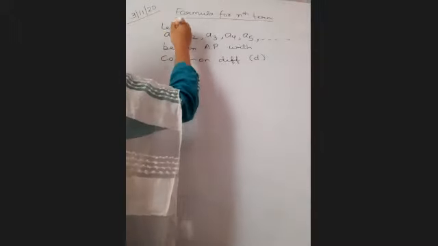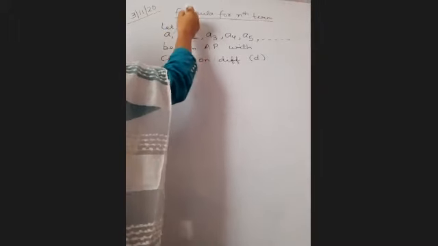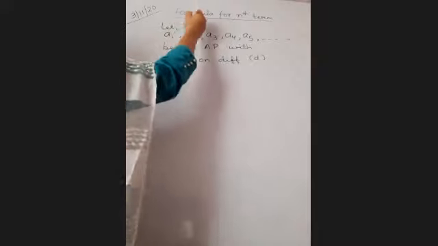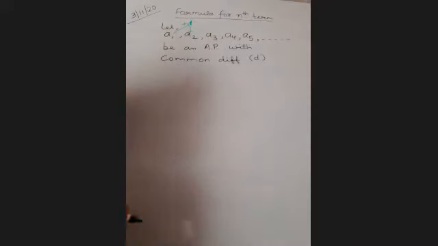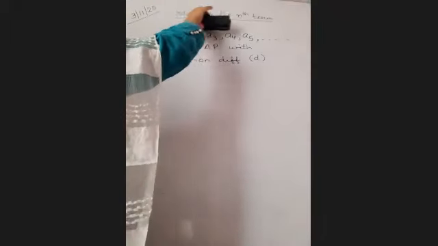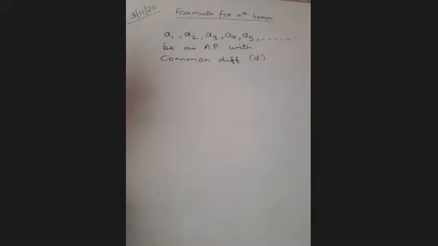All right, children. Now just see, from A1 to A2, when I'm coming from A1 to A2, what am I doing here? Am I adding D here? Yes, ma'am. I have to add D. I have to add common difference to reach the next term. I'm writing a little bigger so that you can see.